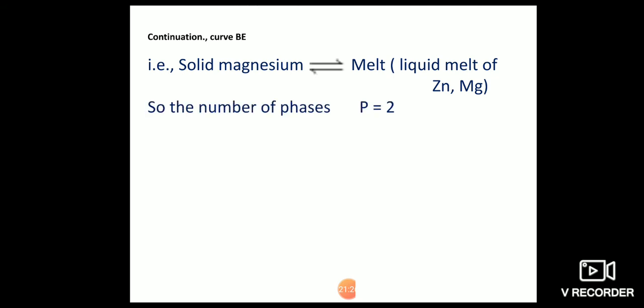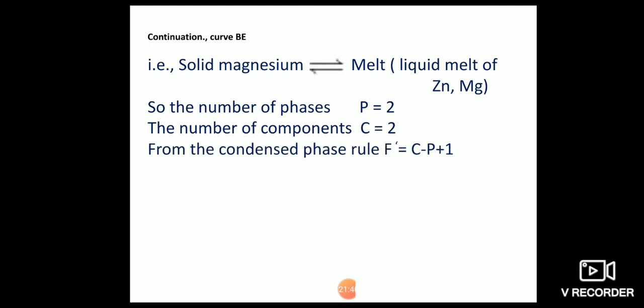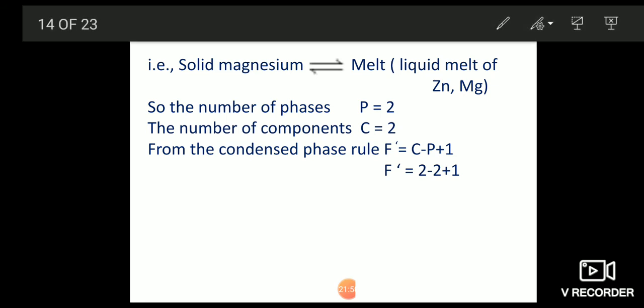That is, again, the number of phases is 2, one solid, one liquid. Number of components is 2. Two formulae are required to denote the system: Zn, Mg. From the condensed phase rule, F' is equal to C minus P plus 1. Substituting the values of P and C, we get F' is equal to 2 minus 2 plus 1.